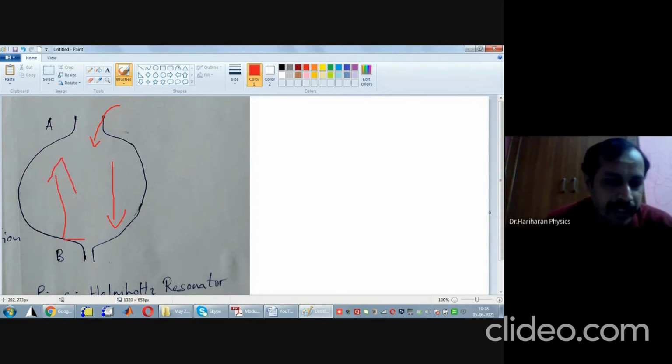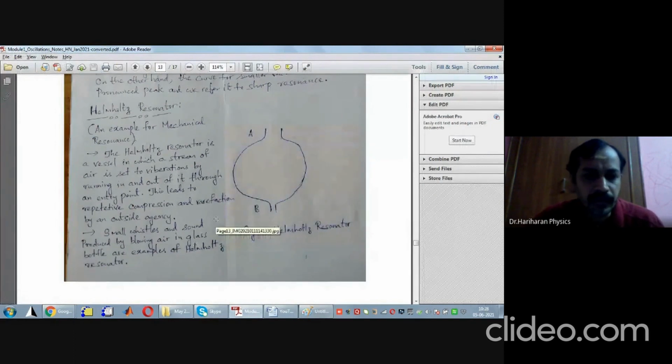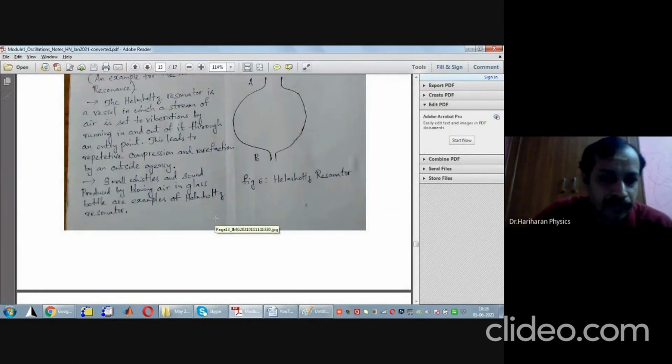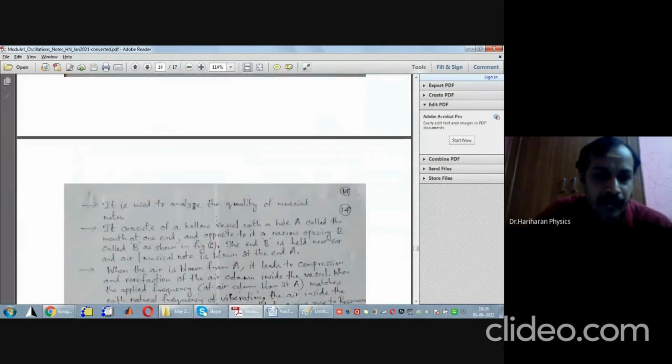A compression and rarefaction. It leads to vibration of air molecules inside this Helmholtz resonator, inside this container. So when this happens, a loud sound will be produced at the other end. Okay, so this we call what? The same thing happens in the working of whistles or the sound produced by blowing air in glass bottles. So these are a few examples of the Helmholtz resonator.